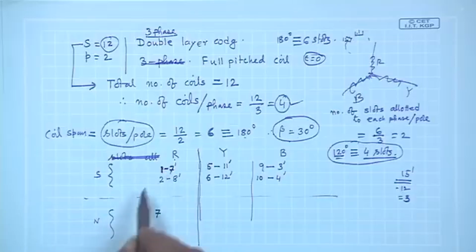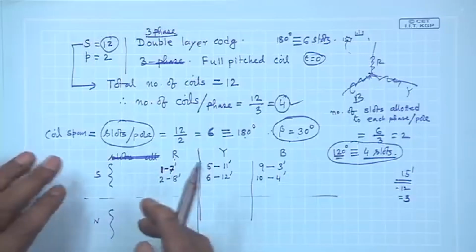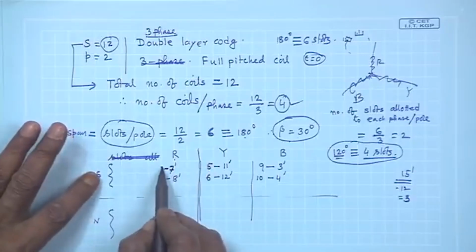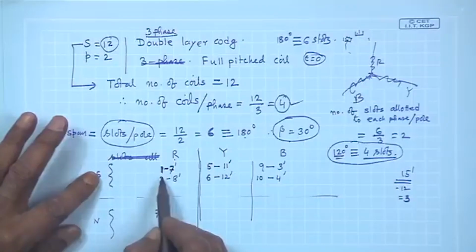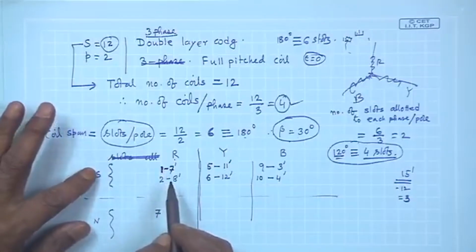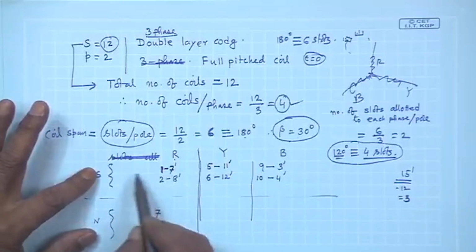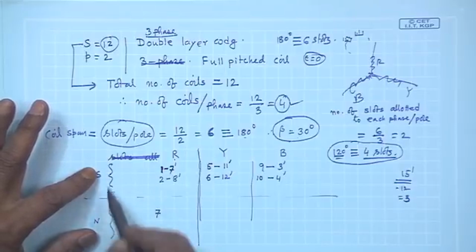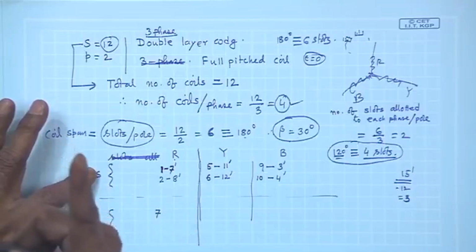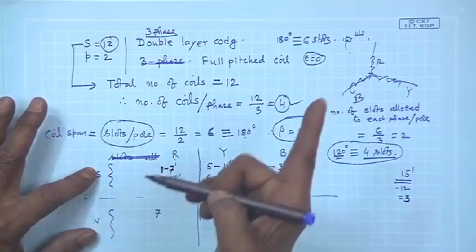How do I get this? You have started, assuming okay, it is under south pole 1, and adjacent to that 2 8 dashed, then the next pole, whatever you have, will be separated from this pole by 180 degree, which means 6 slots.